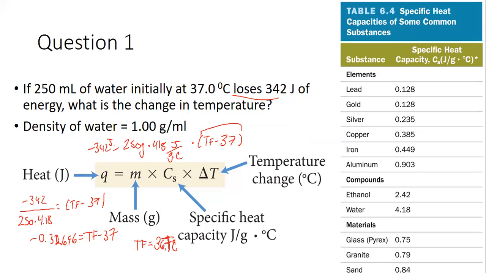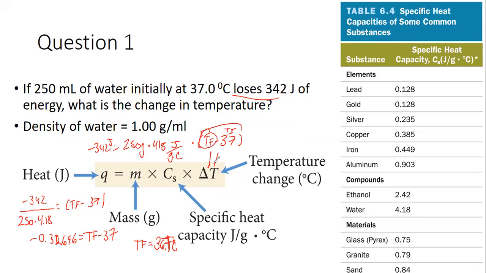The units are centigrade. I'm solving for a temperature. The answer would be 36.7 because you solve for temperature final, right? Because delta T is final minus initial, temperature final minus temperature initial.